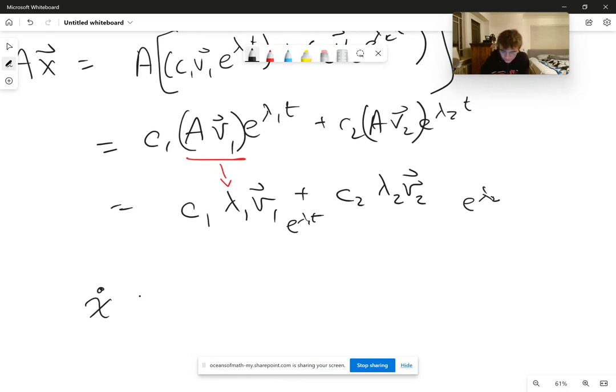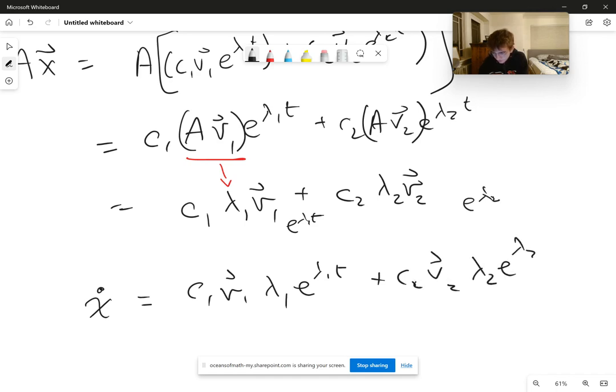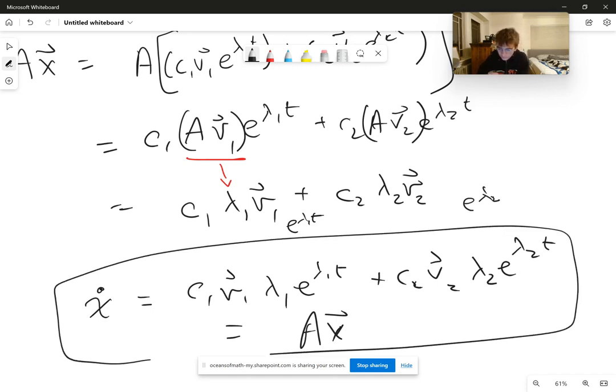So x dot is precisely c1 v1 lambda 1 e^(lambda 1 t) plus c2 v2 lambda 2 e^(lambda 2 t). And so we can see that in fact this is equal to Ax, and so this solution solves it.